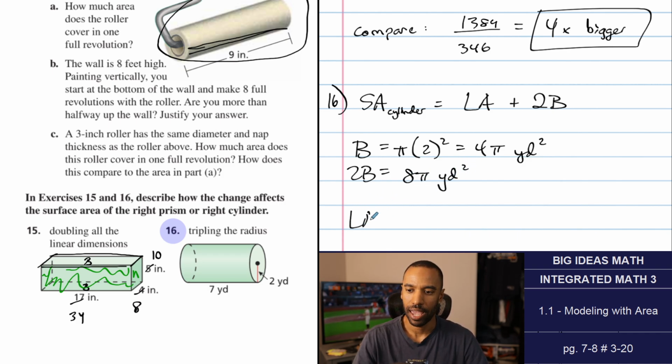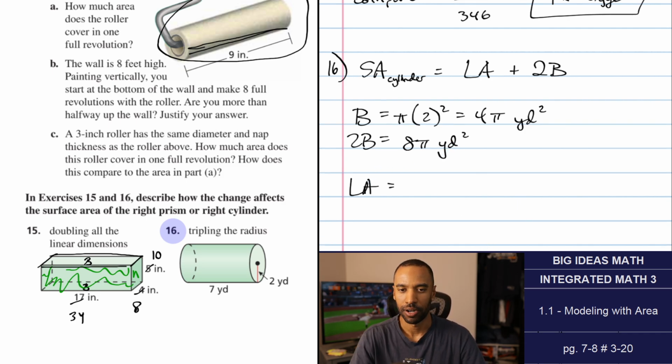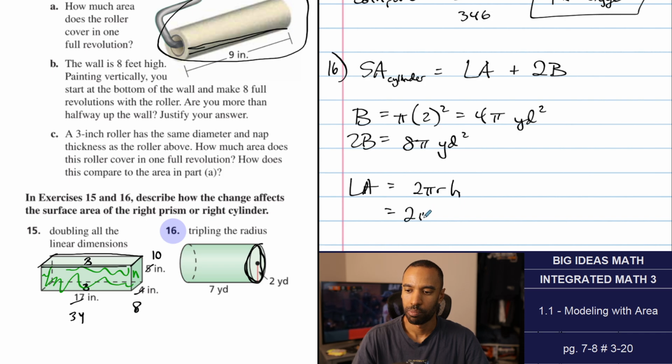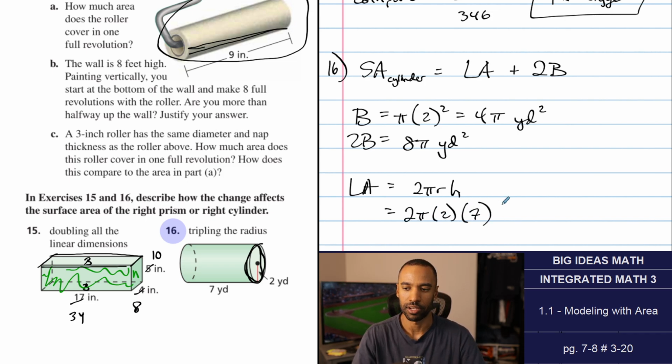Now, your lateral area, it is also perimeter of base times height, but in this case, your base are these guys right here, right? Perimeter here is circumference. So circumference, 2 pi r times height. 2 pi times your radius, 2, and the height of the cylinder is 7. Doesn't matter that it's going across like that.